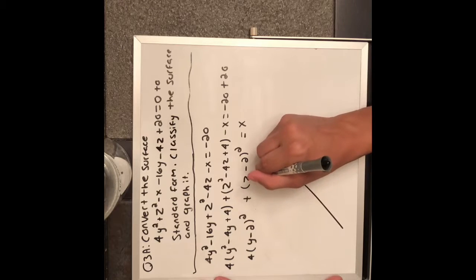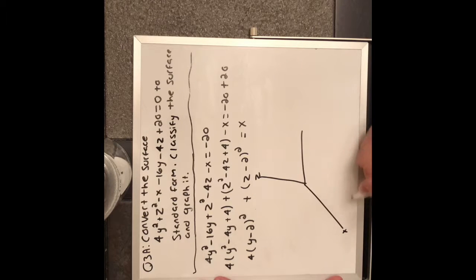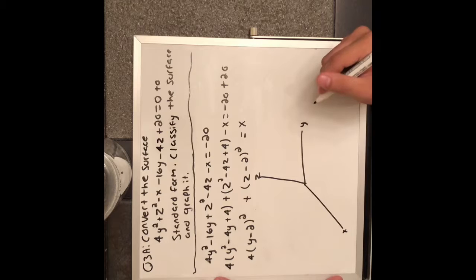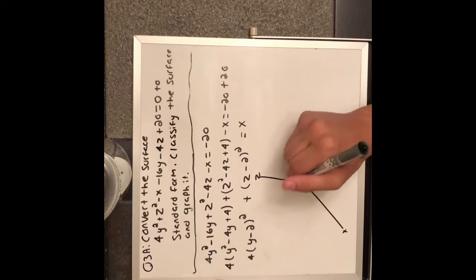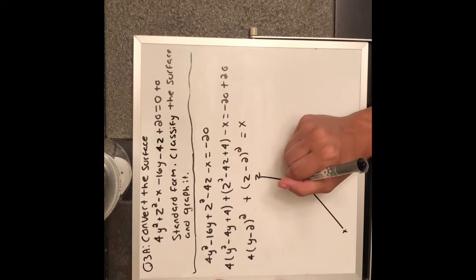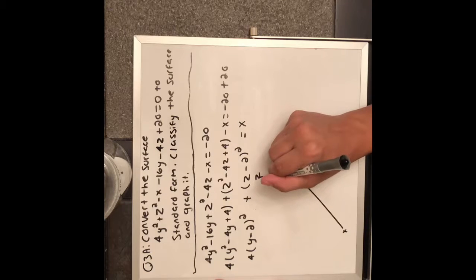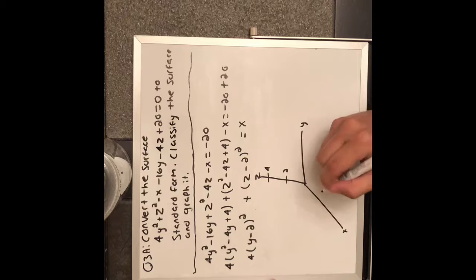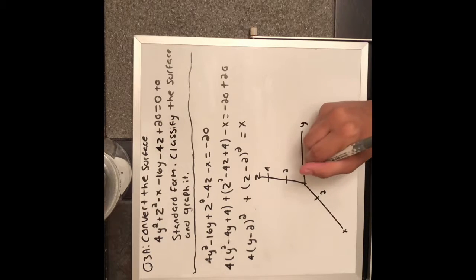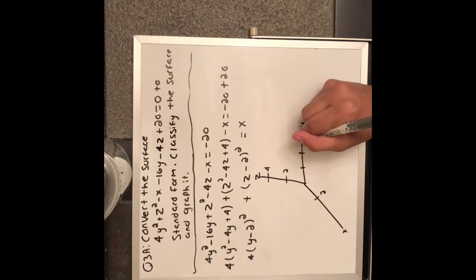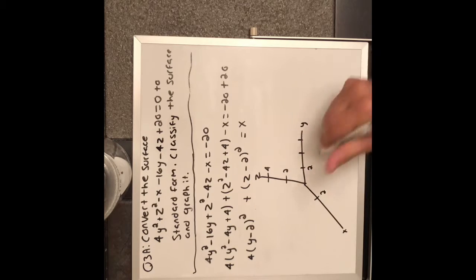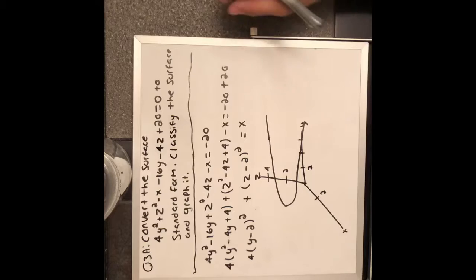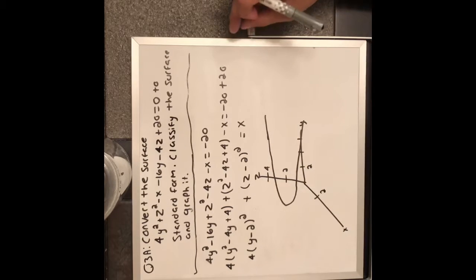Okay, so this is my Z, X, and my Y. This would be 2, this would be 4. This would be 2. And then 2, 4, 6.